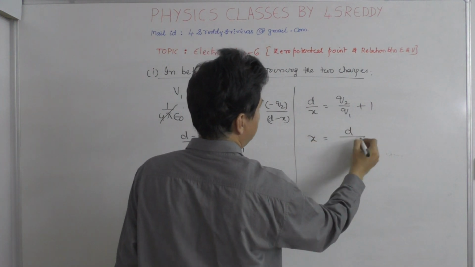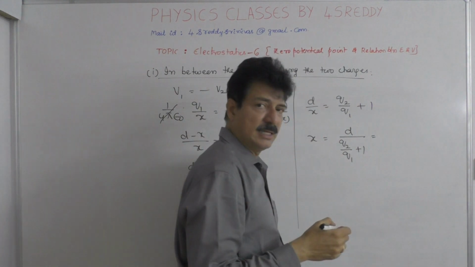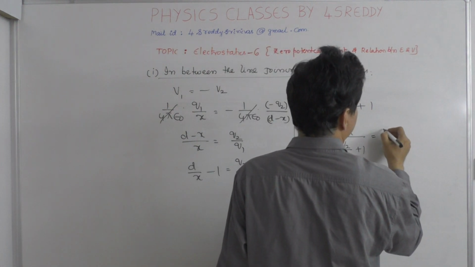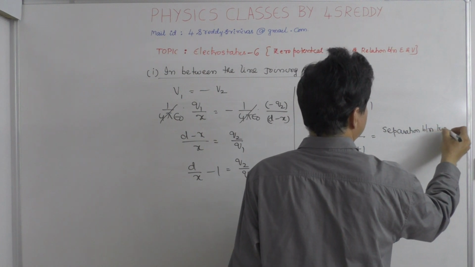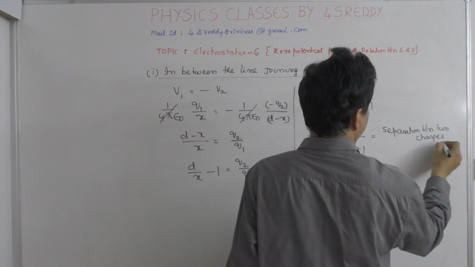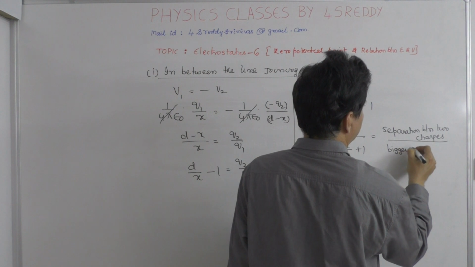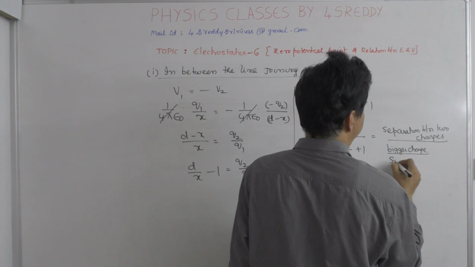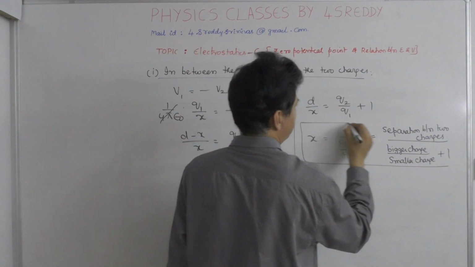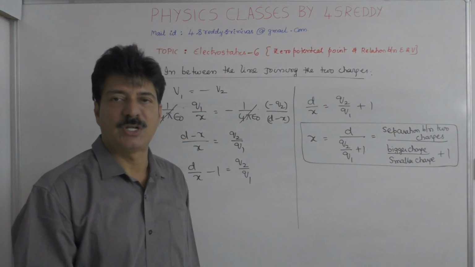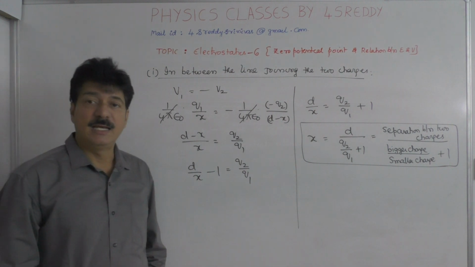Therefore, x is equal to d by (Q2 by Q1 plus 1). That is, it is nothing but the separation between two charges divided by (bigger charge by smaller charge plus 1). This is the zero potential point when you come across it in between the line joining the two charges.